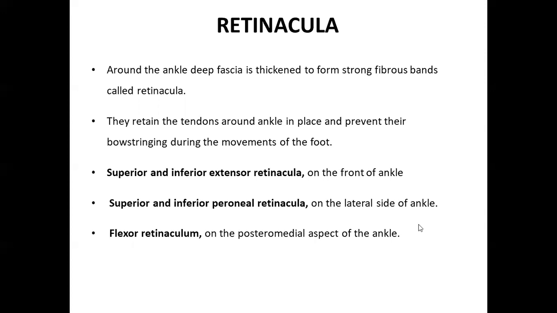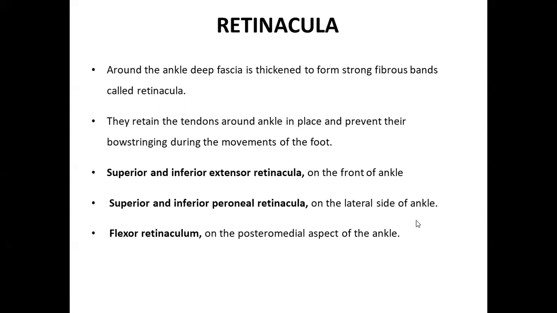We have studied the modifications of the deep fascia in our lecture of general anatomy. In the same way, the deep fascia of the anterior aspect of the leg near the ankle joint forms thickenings that are known as the retinacula. The main function of these retinacula is to retain the tendons at any joint.